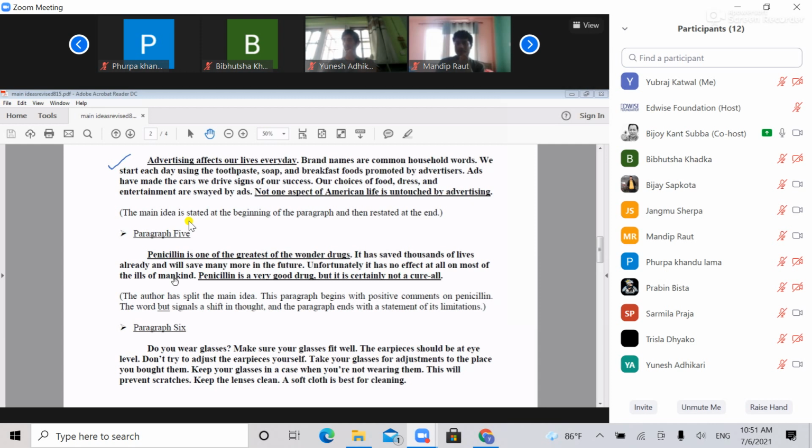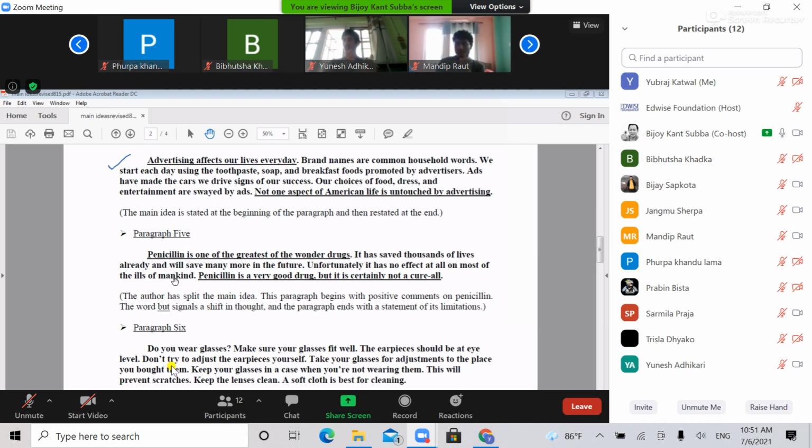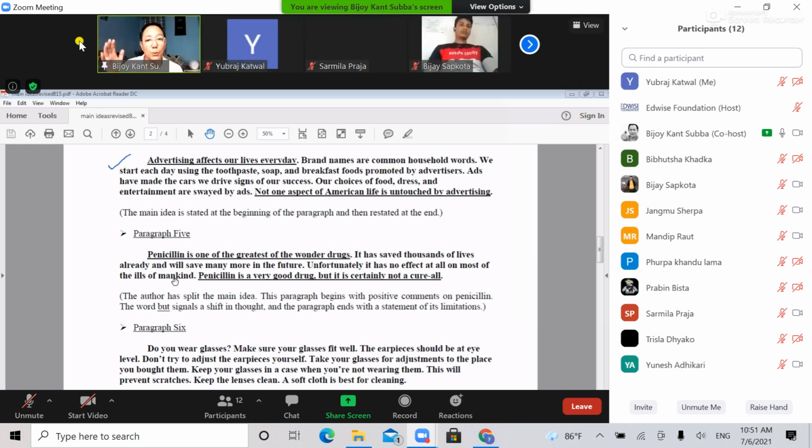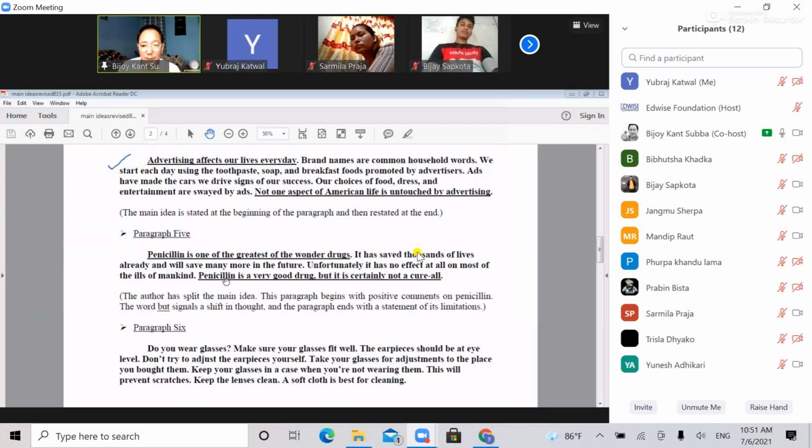Simple, people. All right. But there are still some authors who use the word mankind. That doesn't mean that the authors are being sexist, favoring only men. That's not true. They use it in the old way, as humanity. So anyway, here again, you've got two topic sentences.